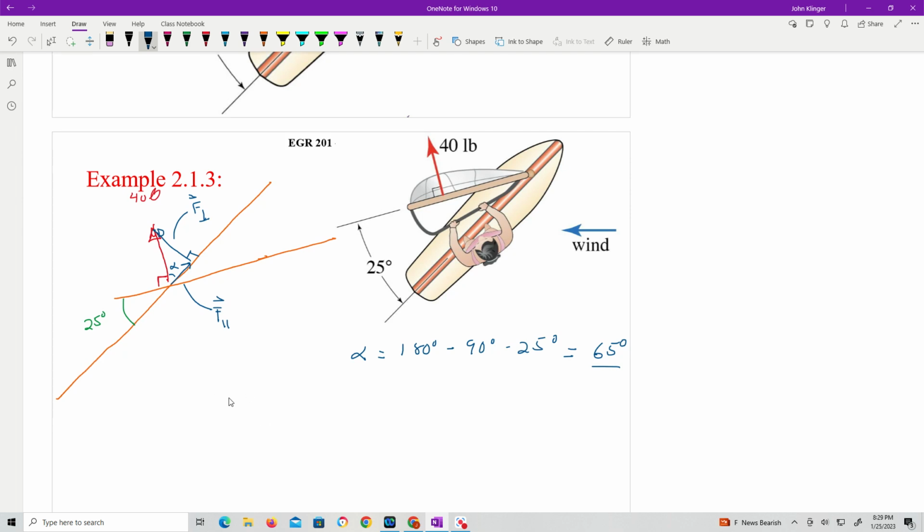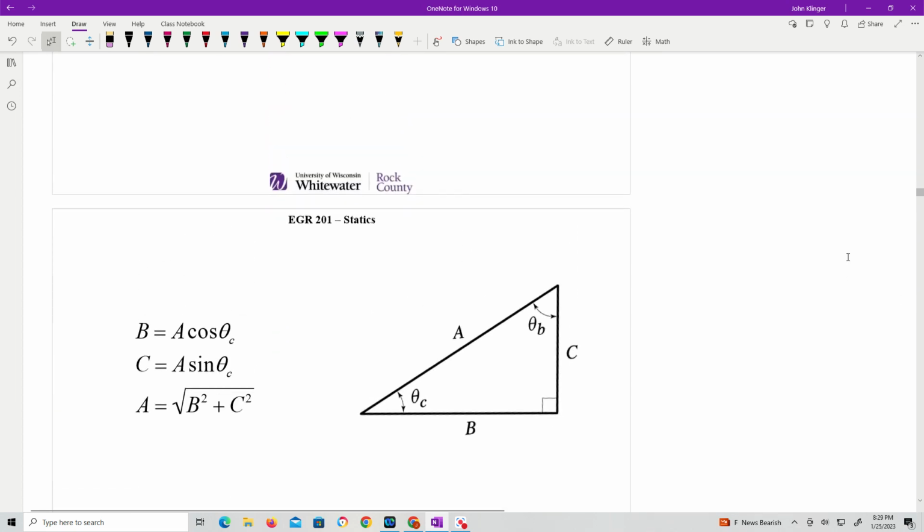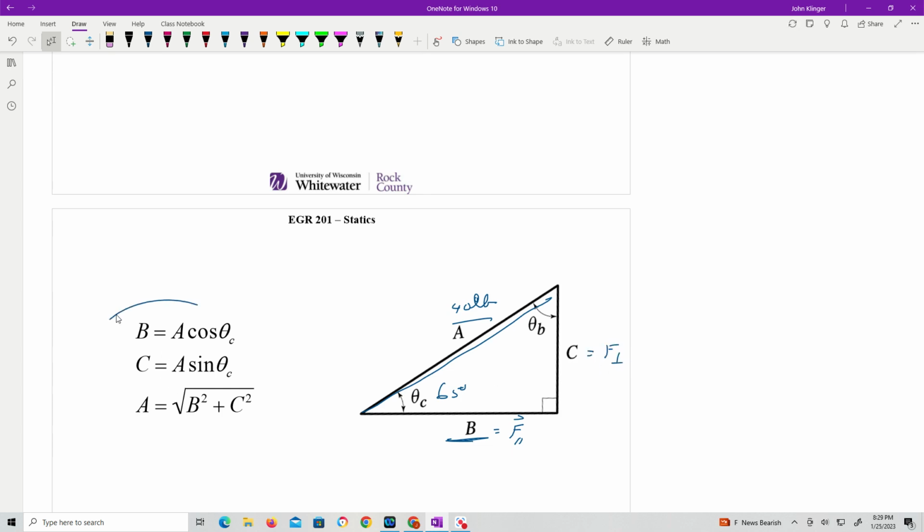If you'll remember our basics of trigonometry before, here's my 65 degrees, here's my force, 40 pounds. And I need to find this one, which is the same as F parallel, and the other is equal to F perpendicular.